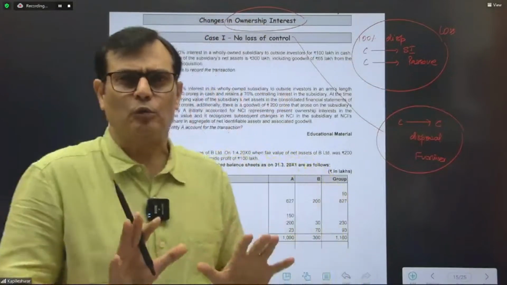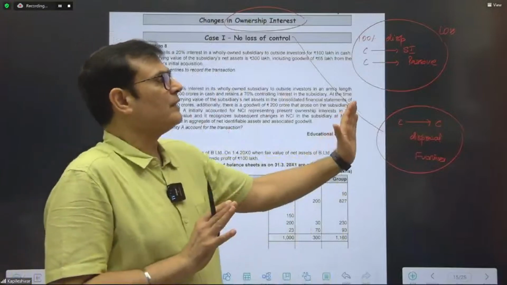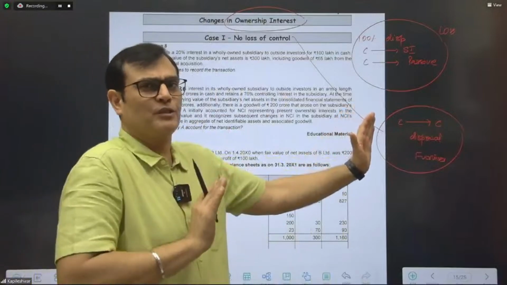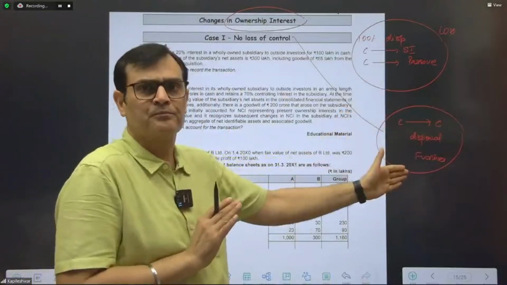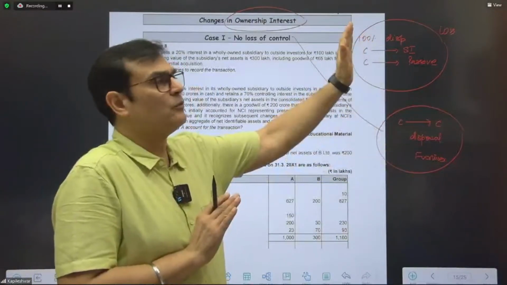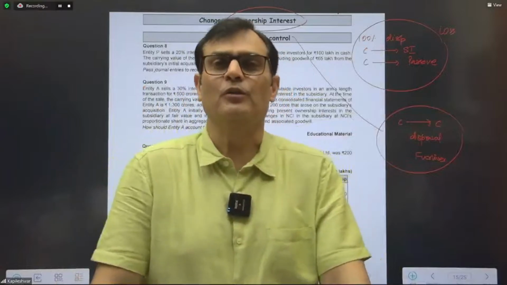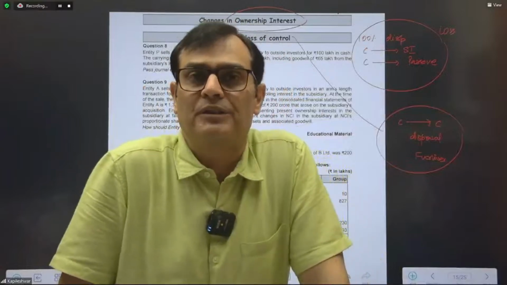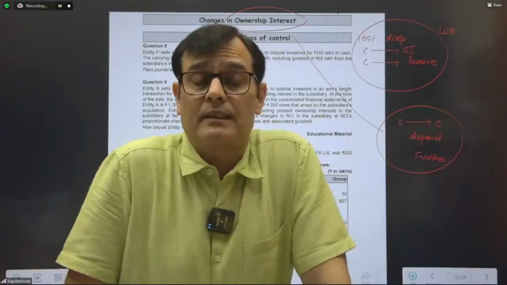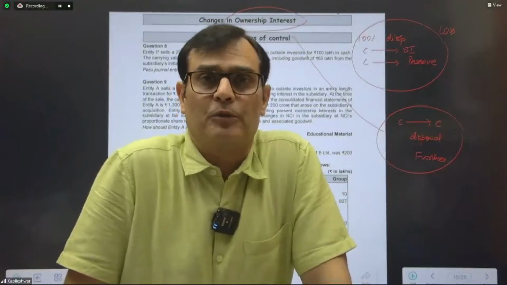So I'm going to give you basically two different accountings. When there is no loss of control, one accounting for both the cases. And I'll give you another set of accounting when there is a loss of control, to tackle those three cases. So you'll be able to easily manage these questions as well. But I'll discuss the intricacies on this tomorrow.